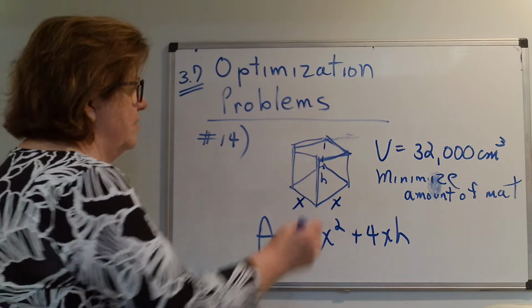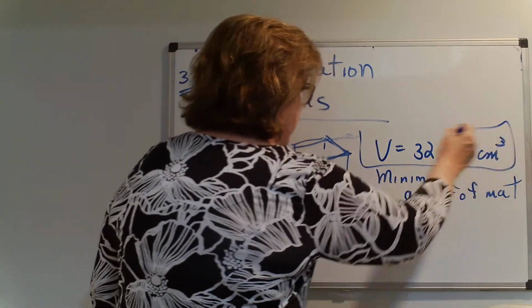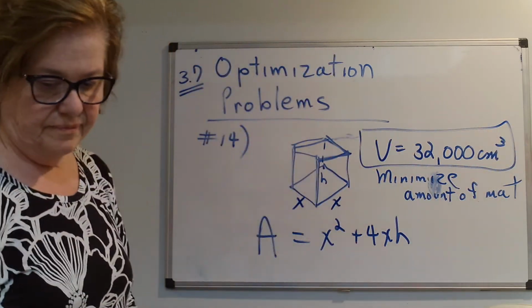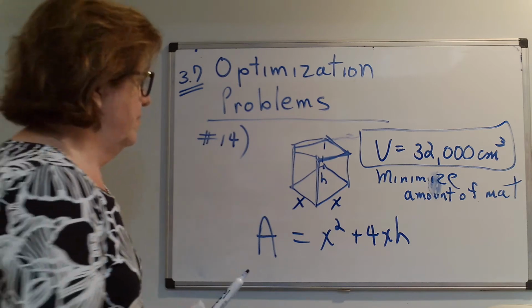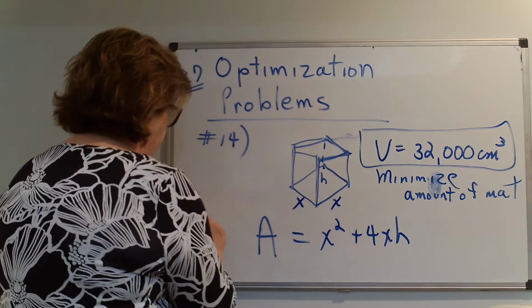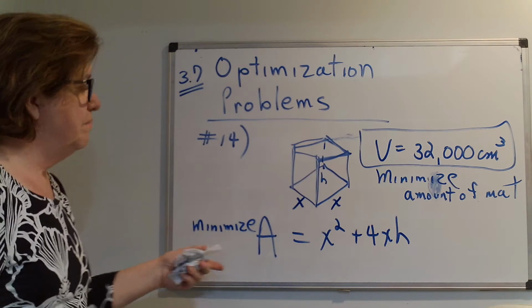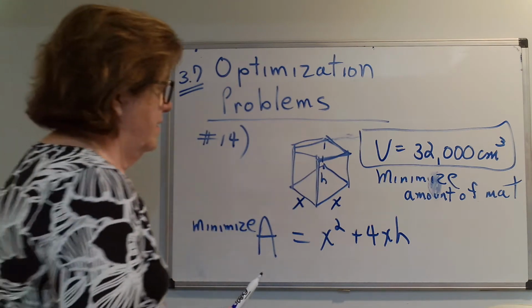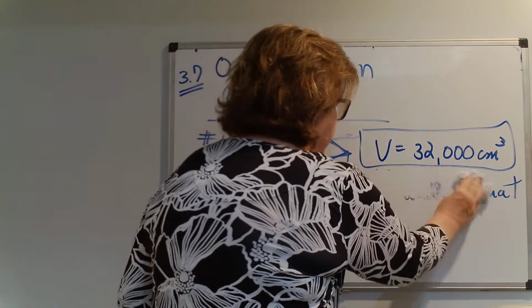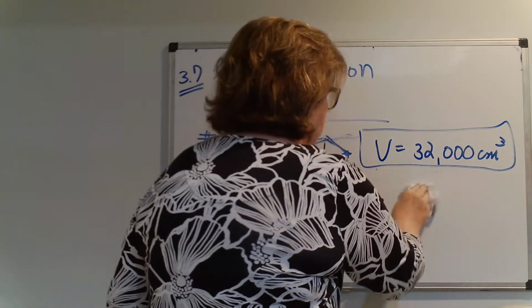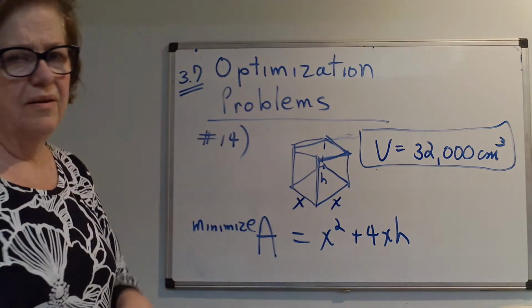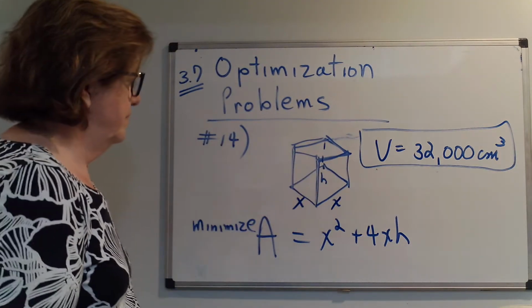Well, we've got another bit of information that we can use. So we want to minimize this. We want to find the x that will give us the minimum value for that, or the h. Okay, so we've got this volume.